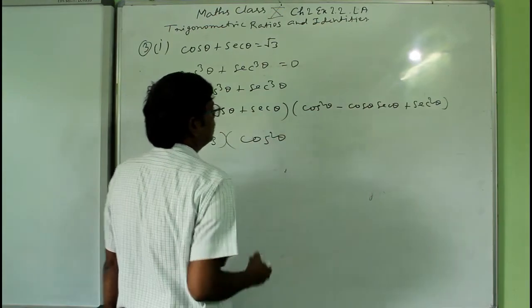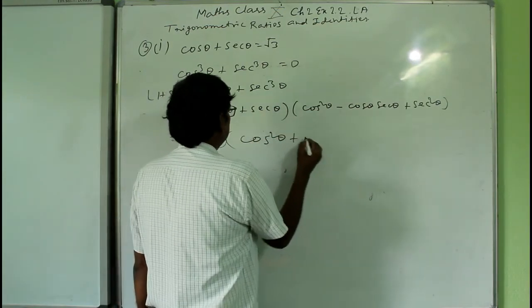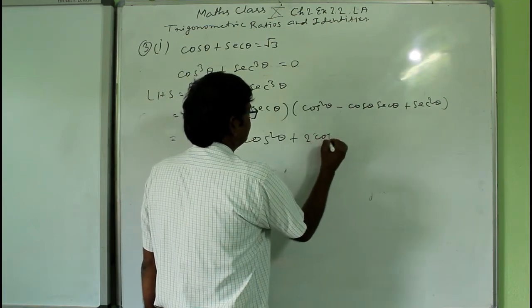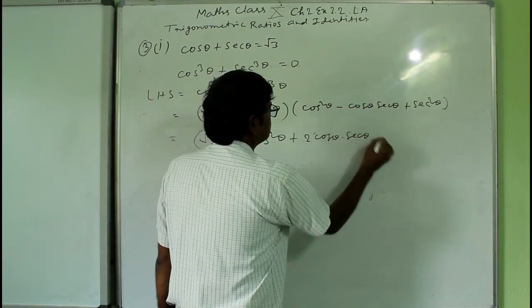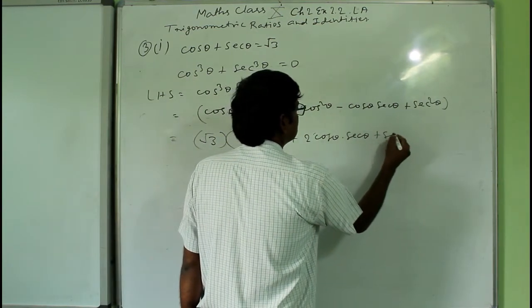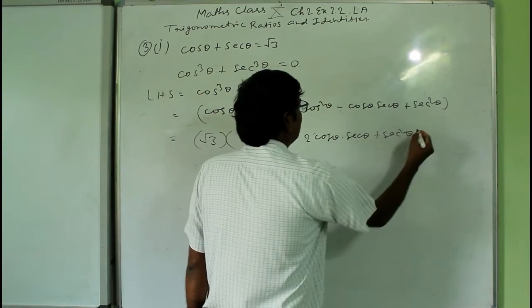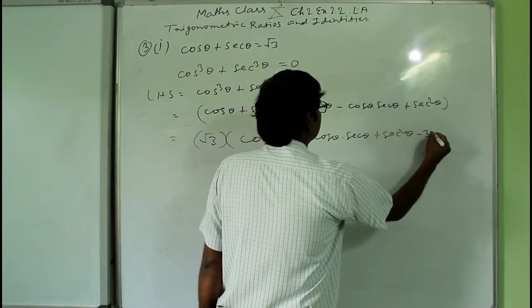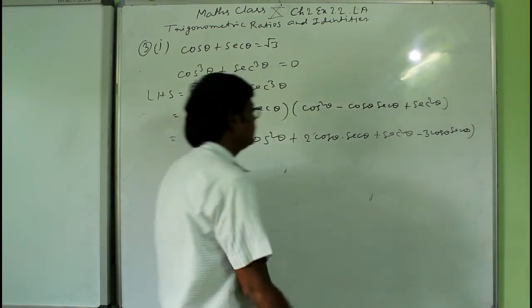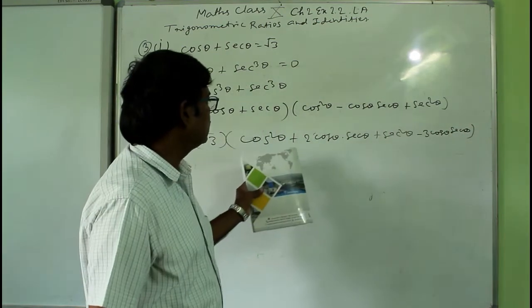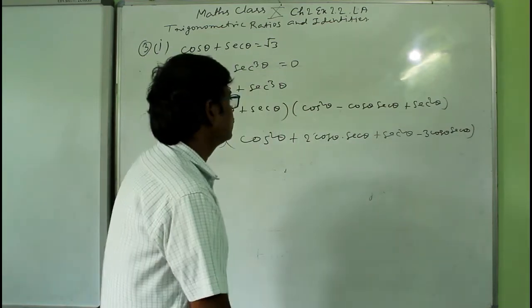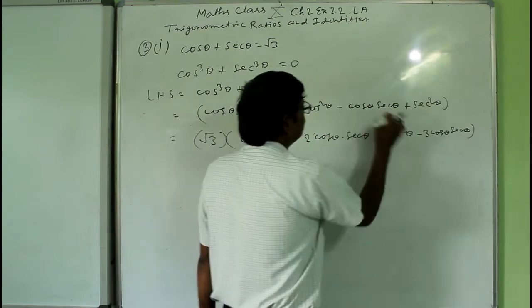Now cos square theta, and here you will write 2 cos theta into sec theta, and then sec square theta, and minus 3 cos theta sec theta. Now see that 2 cos theta sec theta and minus 3 cos theta sec theta, when you solve this, you will get this.